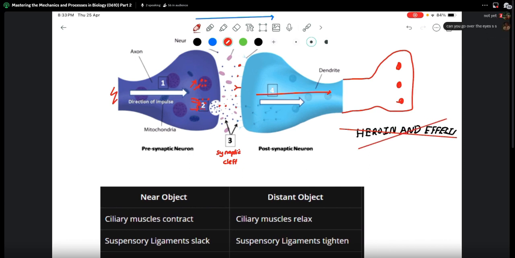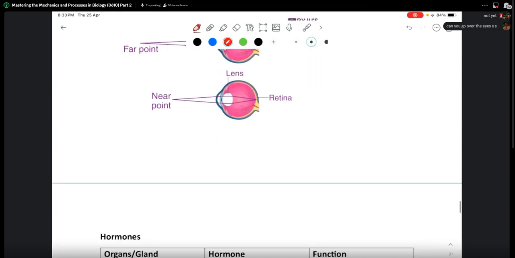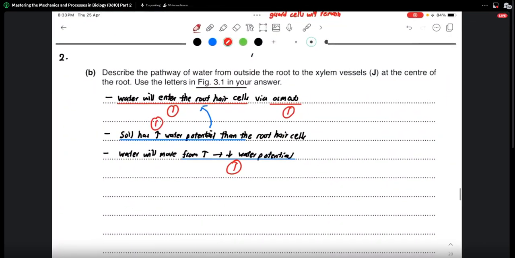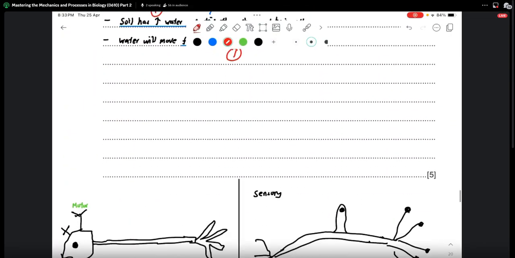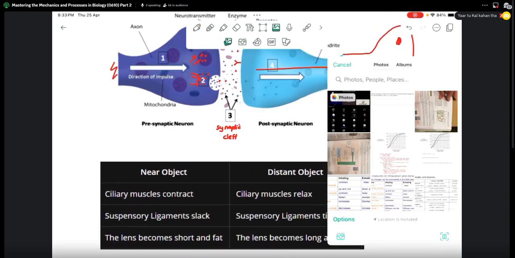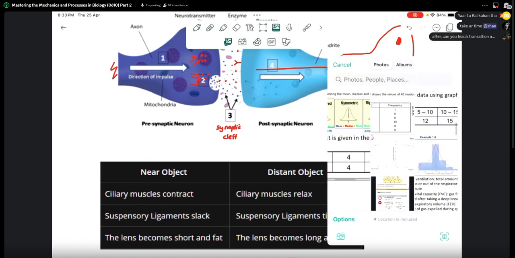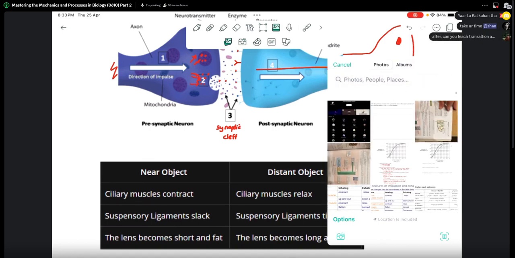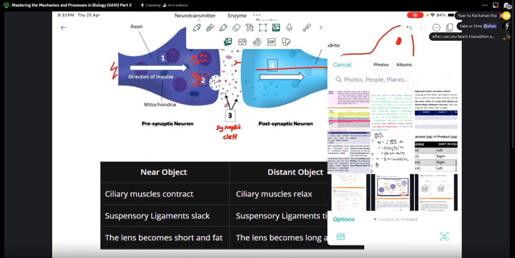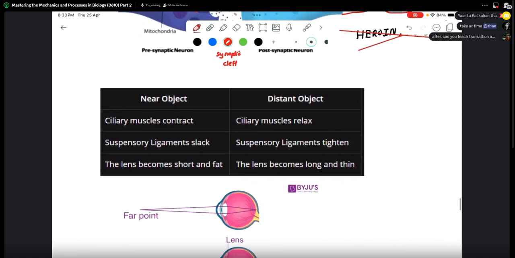Okay, can you go over the eyes? Okay. Well, I need to have the diagram. Wait, apologies. Let me go and get the diagram. I don't know whether I have the diagram here or not. I don't think so. No, I do not have the diagram.